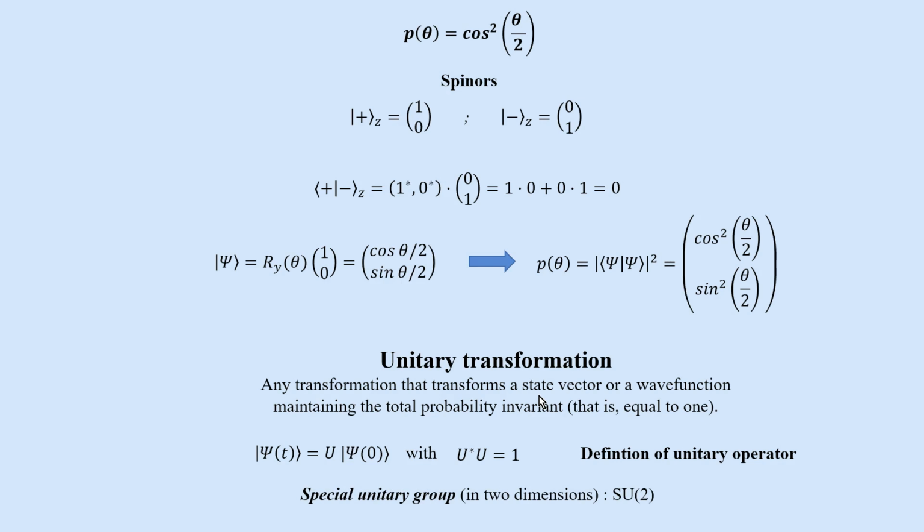In quantum physics, spins with their spinors are represented by the so-called special unitary group in 2 dimensions, the SU(2) group, which represents all the transformations that preserve the length of 2-dimensional complex vectors, which after all reduces to what we have already said, the conservation of probability.